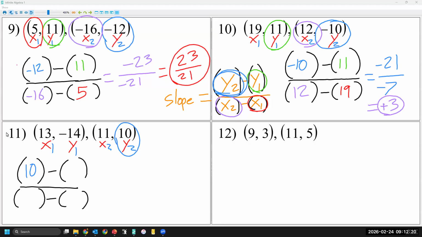Second thing is y1, which is -14. Second thing, x2, 11. And then lastly, we got x1, which is 13.